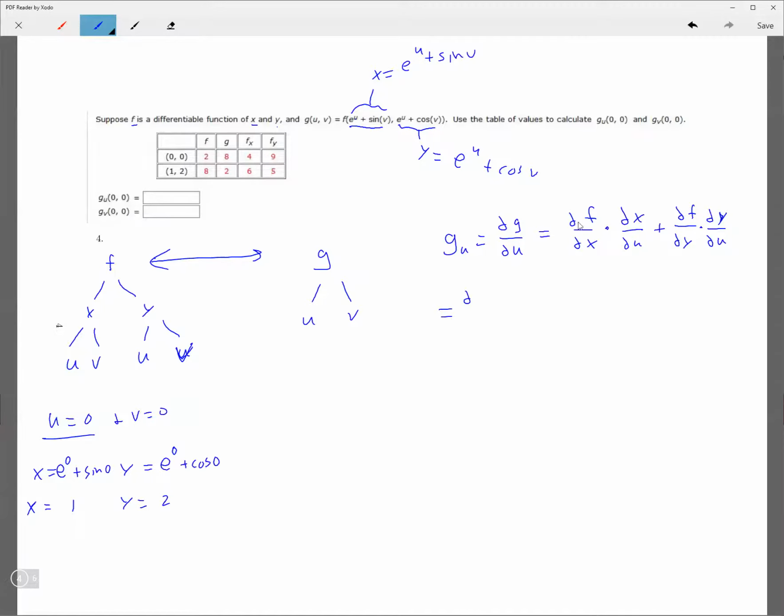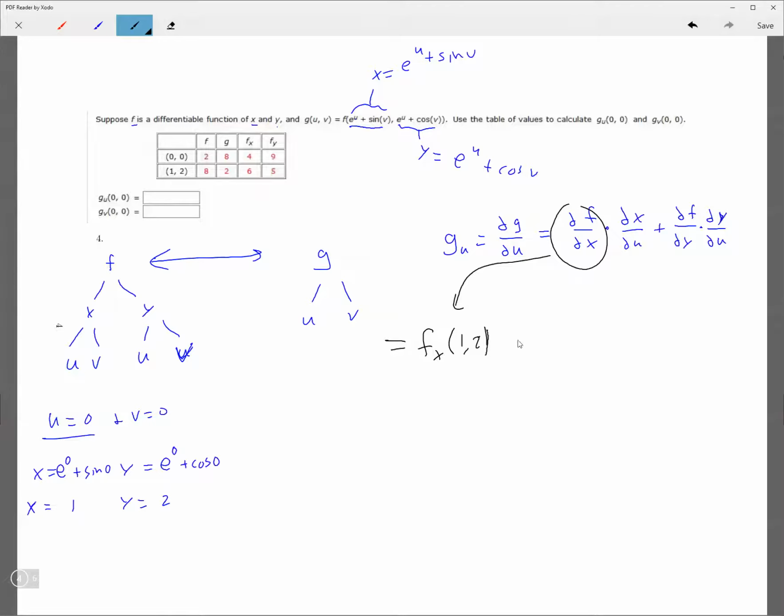Okay, so this piece, let me back up a little bit. This piece is really f_x of 1, 2, because when u and v are 0, then x is 1 and y is 2. So that's going to be that one.